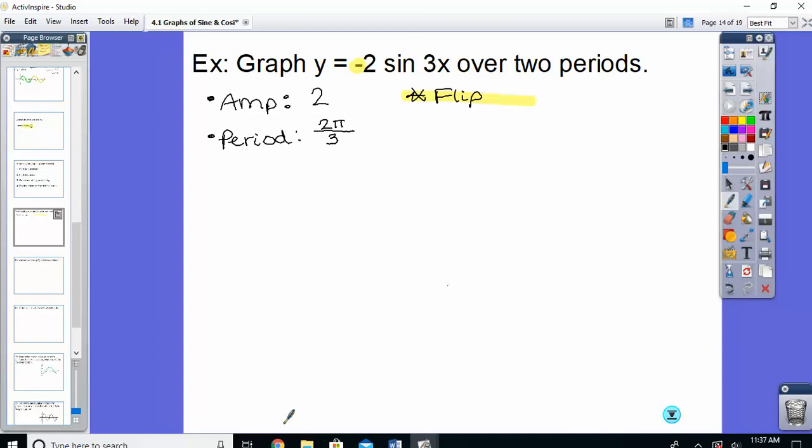Now, we always want to do our 5 main points. Normally, that's the x and y axis points. But because I've changed the period, those points where I hit my 1 and -1 are going to change. So the next thing I want you to do is a count by.